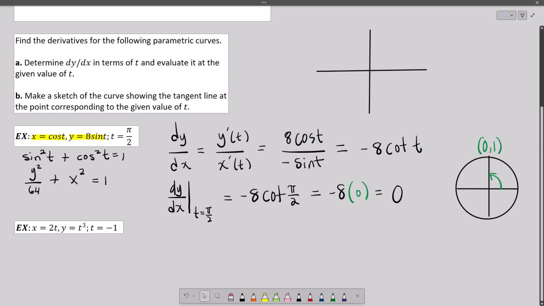So you're going to go up and down 8 in the y direction. I don't want to draw 8 tick marks. So this is up here at 8, and this is down here at negative 8. Then you look under the x's and you see a 1. So go right and left 1. So here is our ellipse.